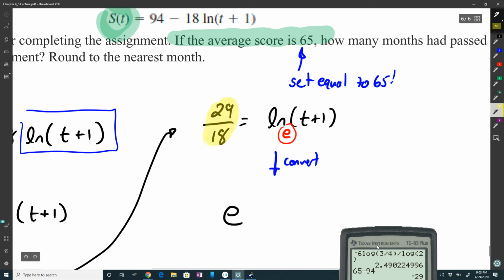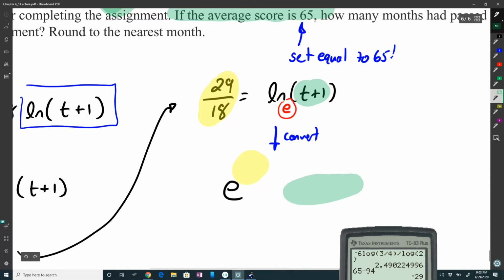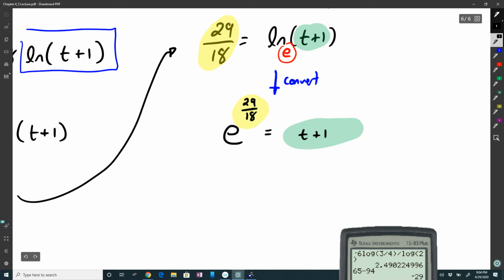The answer goes on the inside. So e to the 29 over 18 equals t plus 1. And then all you got to do now is subtract 1. So t equals e to the 29 over 18 minus 1.